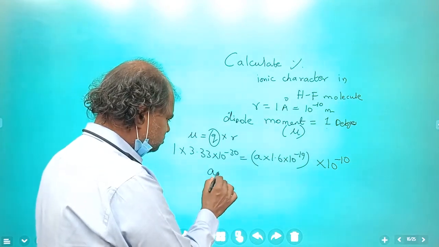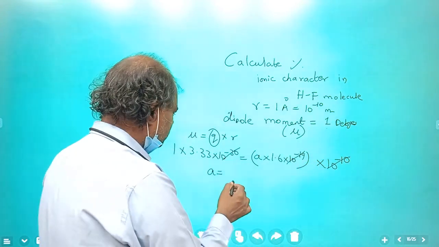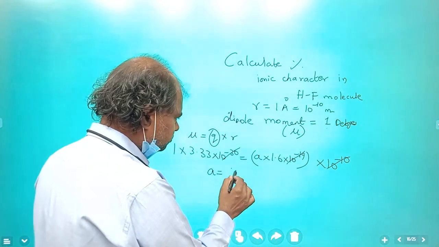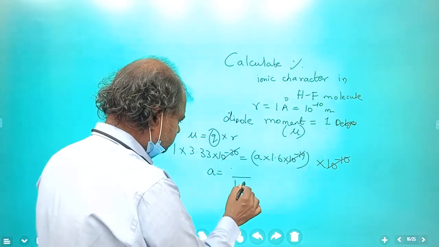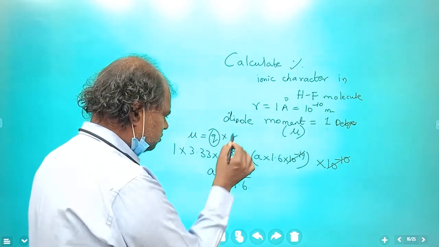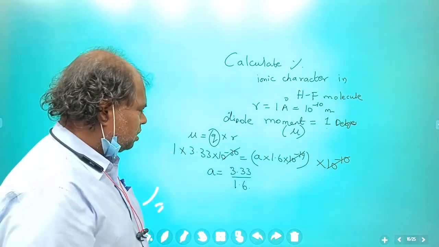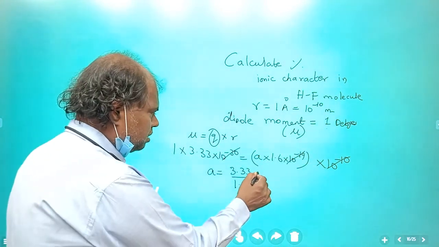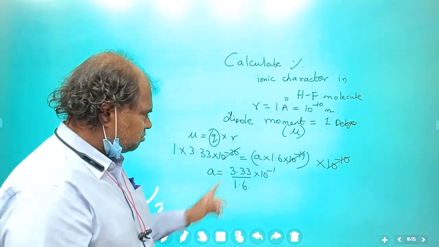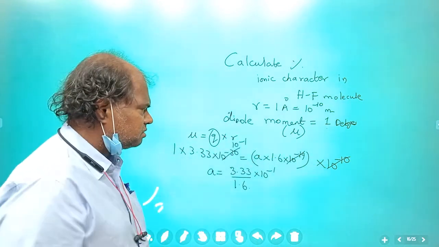Just check, A is equal to, this will get cancelled, this will get cancelled, right? You will get 3.33 over 1.6. Just check it out. Minus 1 also will come. Why? Because this 10 to the power minus 1 will still remain here.